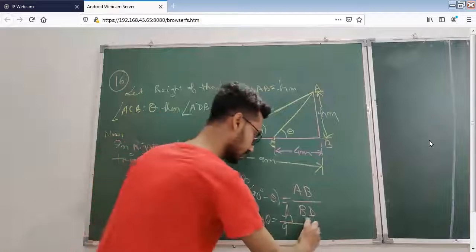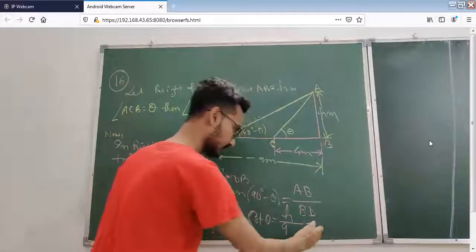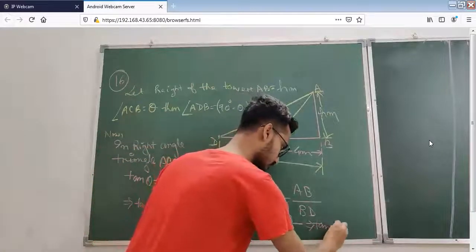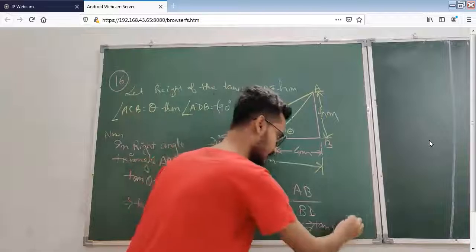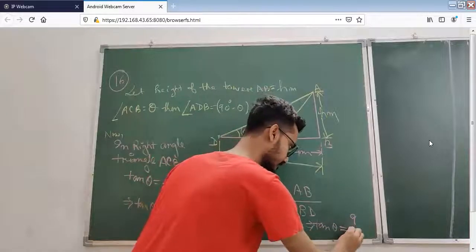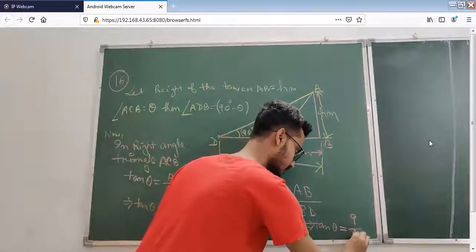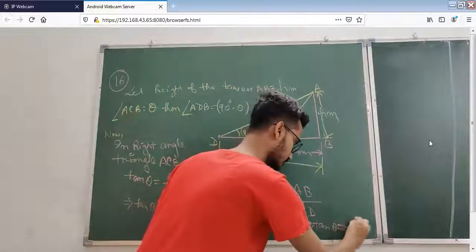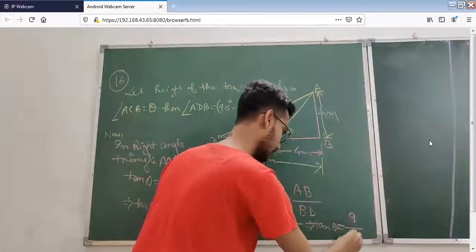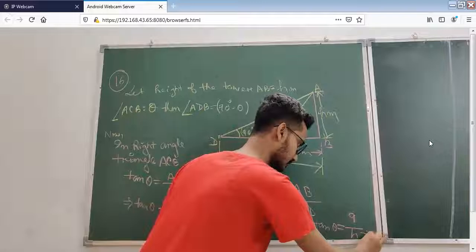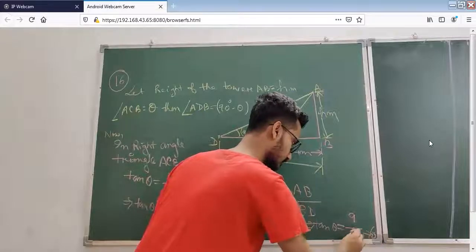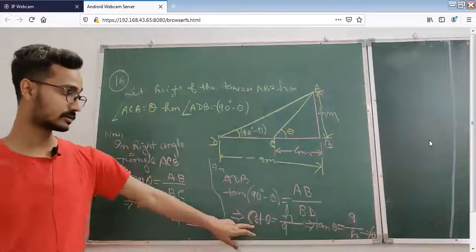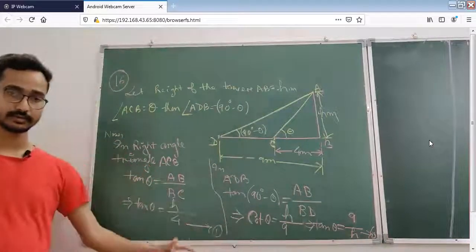Just reverse it, the value of tan theta will be 9 by h. Yes or no? Give number 2. As cot theta is h by 9, so tan theta will be 9 by h.